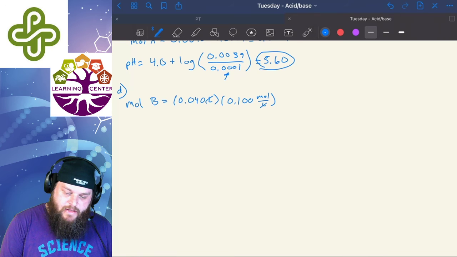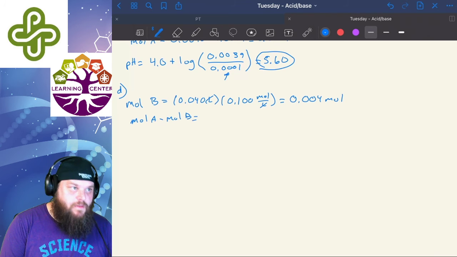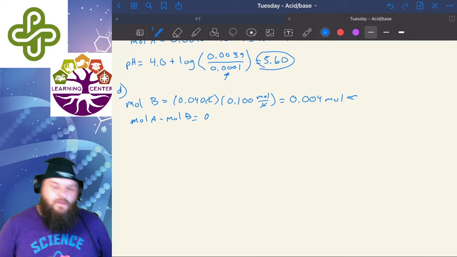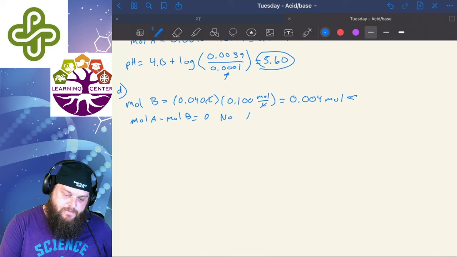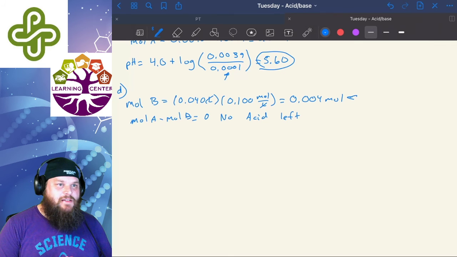So that is just going to equal that 0.004 moles, and the mole of A minus the mole of B is equal, that's the initial moles of A, is going to be equal to 0, because we have the same amount of moles of both of those, which means there's no acid left, at least no significant volumes of acid left.